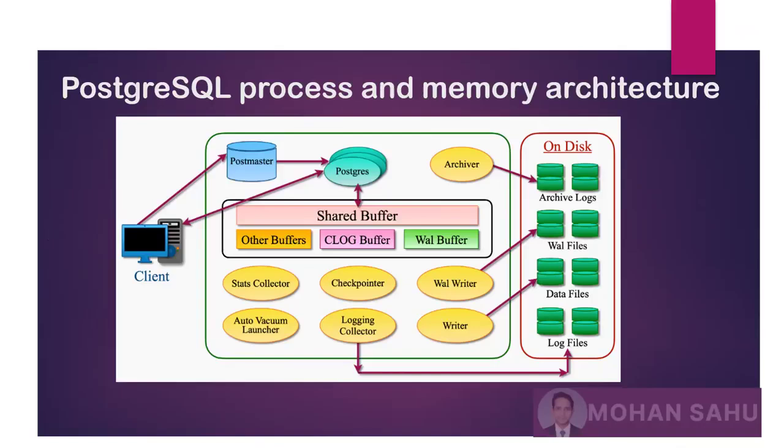In case of crash recovery, this clog buffer will be referred to for the transactions which should be rolled back, or the transactions which can be rolled forward. Then we have other buffers: the work memory buffer, temp buffer, and maintenance memory buffer. We have a slide for this, so we'll discuss this later.